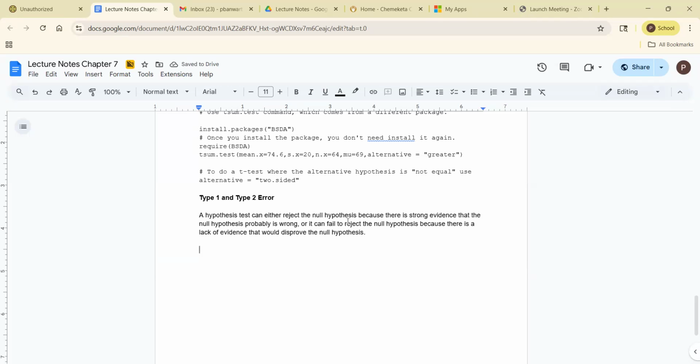But remember that rejecting the null hypothesis is based on a probability. It is very unlikely that I would have observed the data I saw if the null hypothesis were true. Therefore, I think the null hypothesis is false.